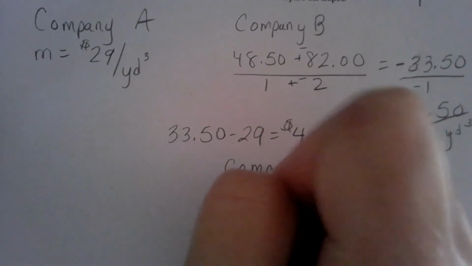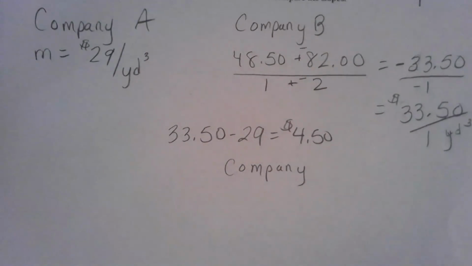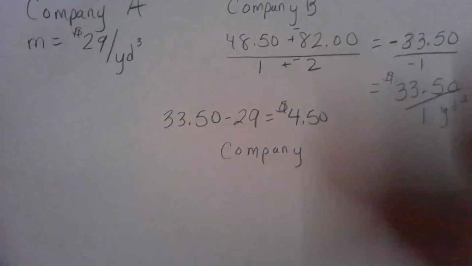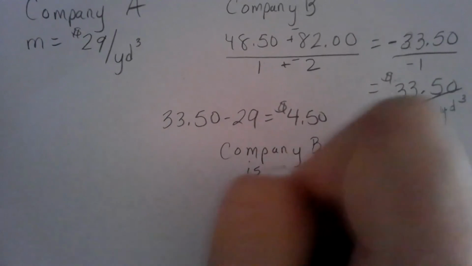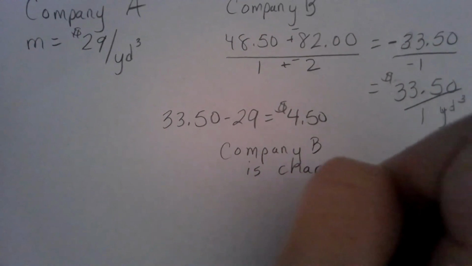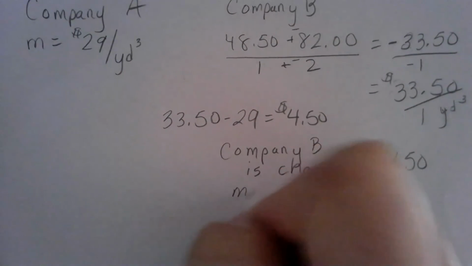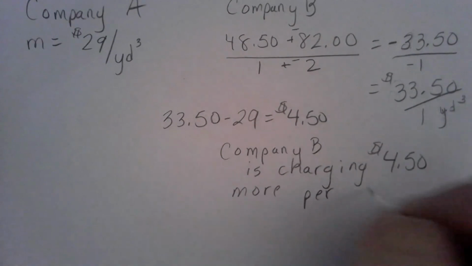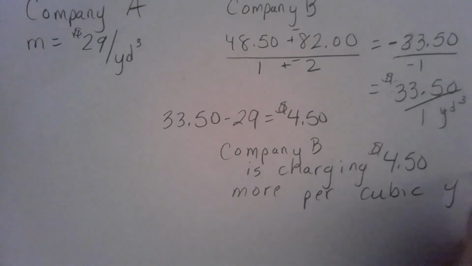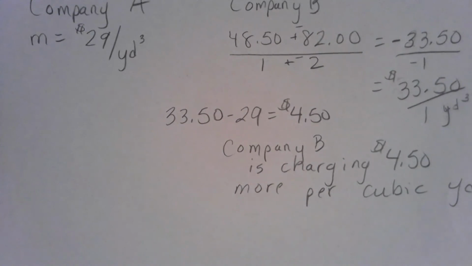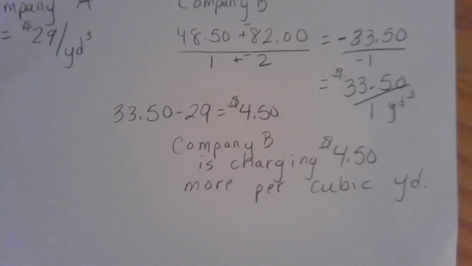Company B is charging $4.50 more per cubic yard of mulch. And let me just make sure you guys can see all that.